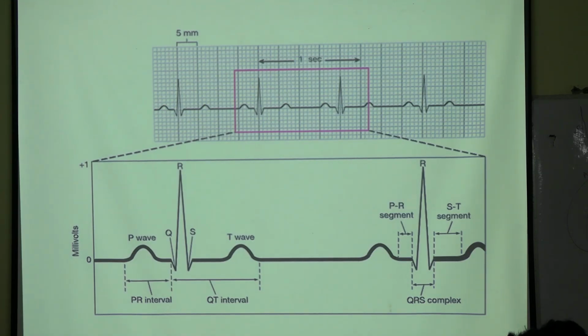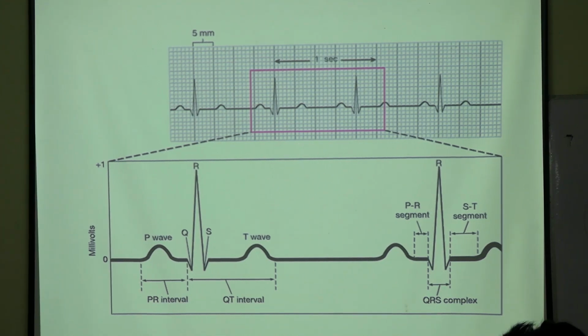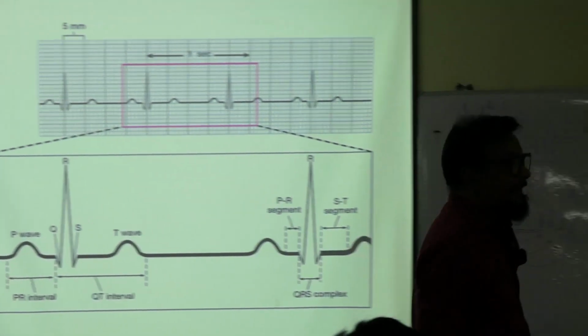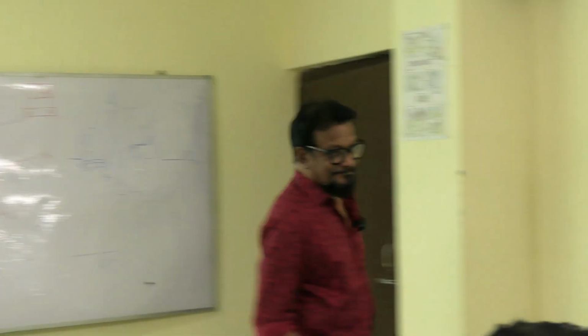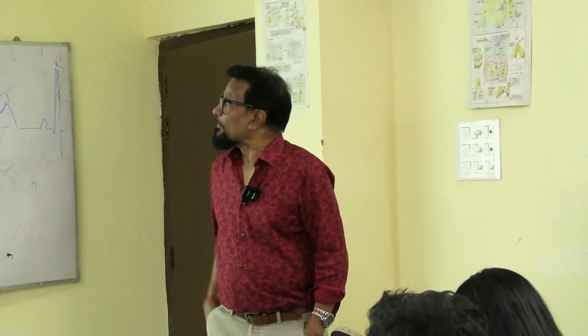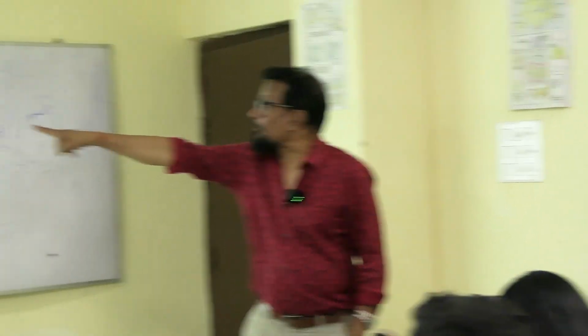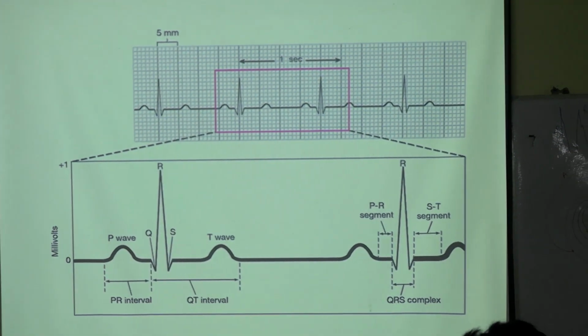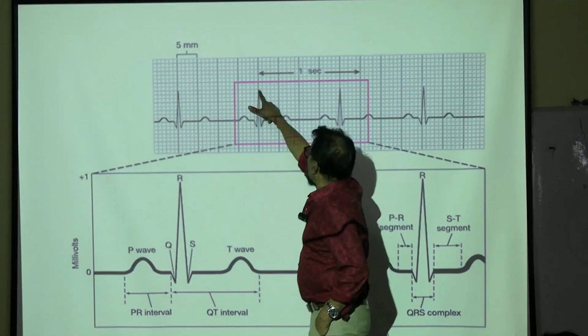Let's calculate the heart rate here. Can you calculate, anybody? It is determined from the RR interval, from the peak of one R wave to the peak of another R wave. So here is the RR interval.